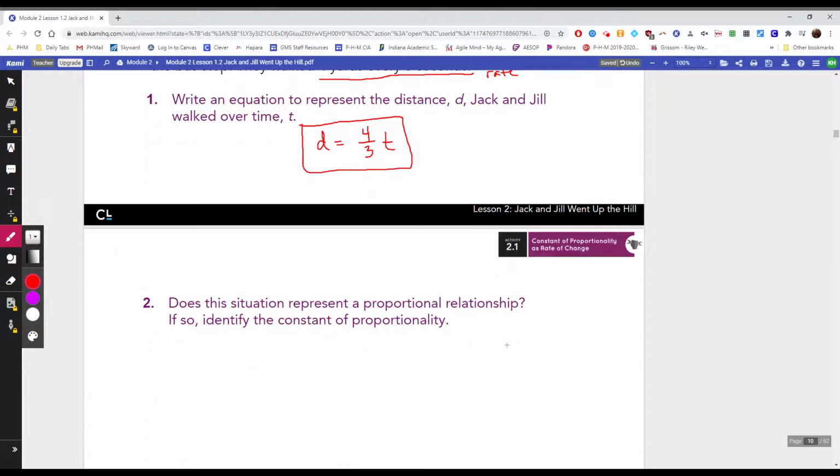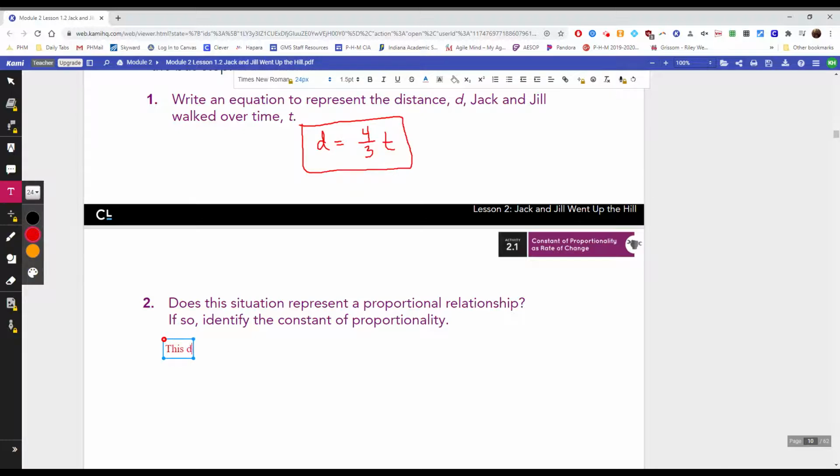Does this situation represent a proportional relationship? Yes, it would, because it's in the form y equals some number times x. Yes, this does represent a proportional relationship because it is in the form y equals kx.